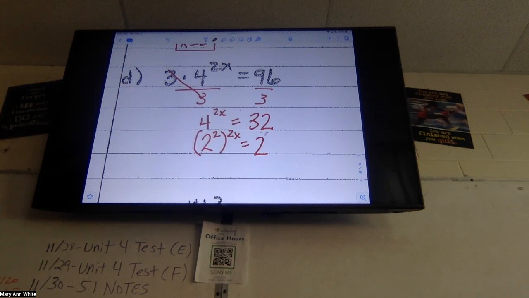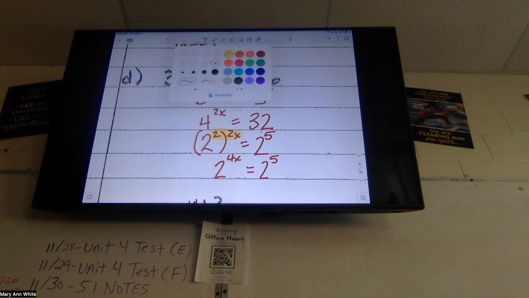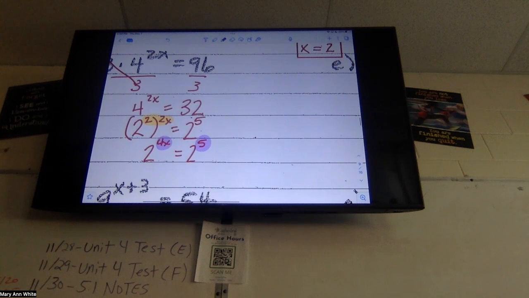Okay, perfect. 2 to the 5th. Again, I was a little dramatic, but now I'm going to combine these. I'm going to do 2 times 2x, so it's going to be 2 raised to the 4x equals 2 raised to the 5th. I have it in this form, so I can just set those exponents equal to each other. 4x equals 5, divide by 4, x equals 5 over 4.